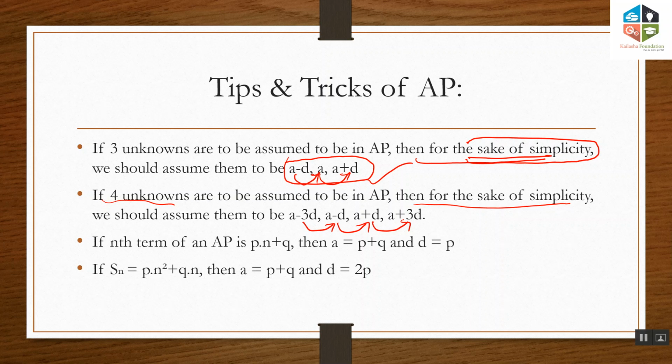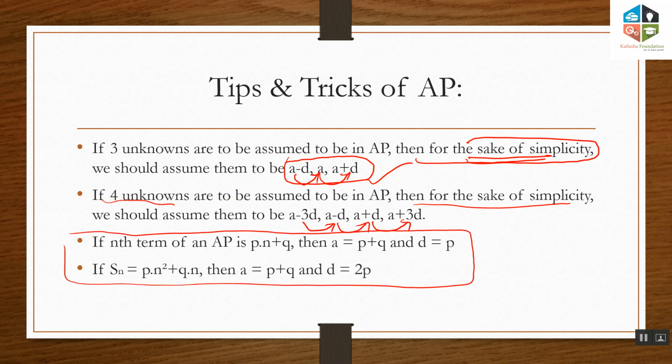Now we come to these two points. If the nth term of an AP is Pn plus Q, say 10n plus 3, Tn is given. In fact, it will always be in the form Pn plus Q. That's for sure.